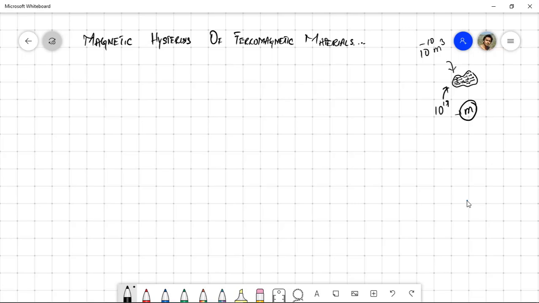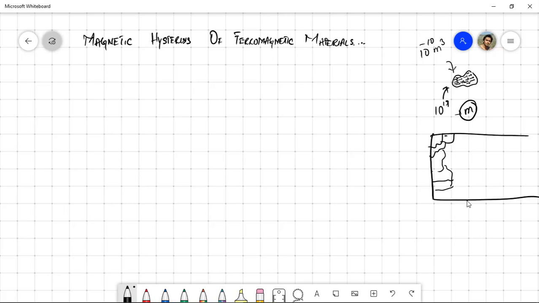In the absence of any external magnetic field, the domains take random orientation. Just like the atoms we talked about earlier, if these are domains, I will not be able to draw all of them, there are so many.